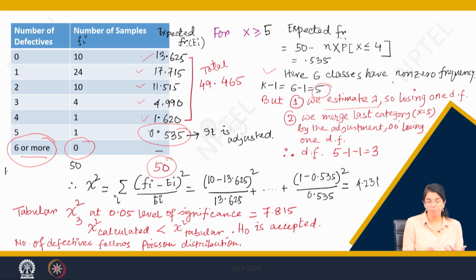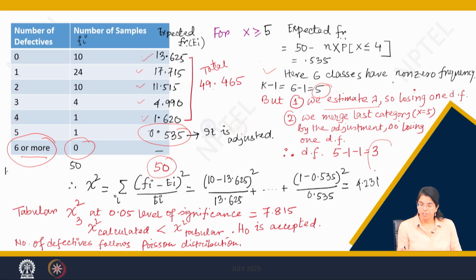I told you, just to make this total frequency 50, because the 6 or more has some very, very low probability. We are not considering that low probability, we are just ignoring it. Because of that, you have to make that adjustment. Thereby, we are losing 1 more degree of freedom, and that will get your final degrees of freedom of the chi-square distribution as 5 minus 1 minus 1, that is equal to 3.